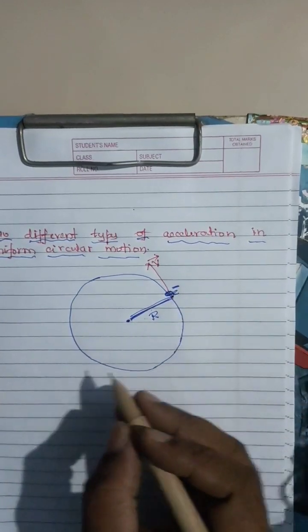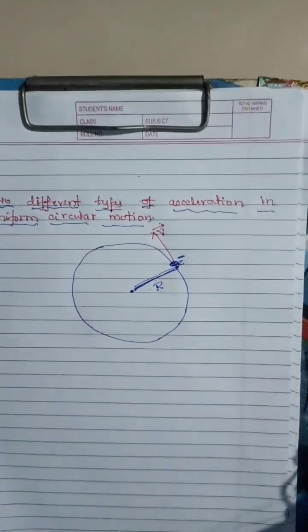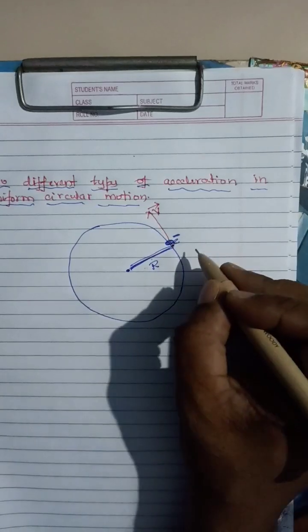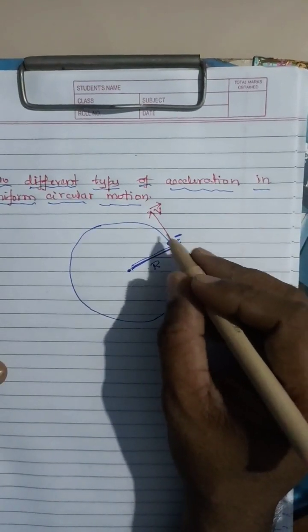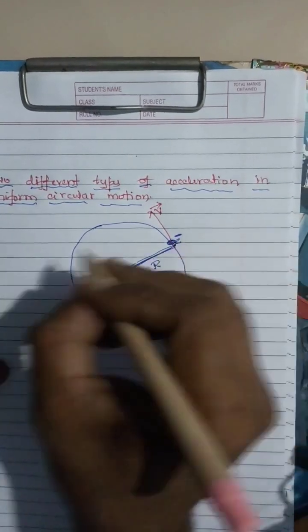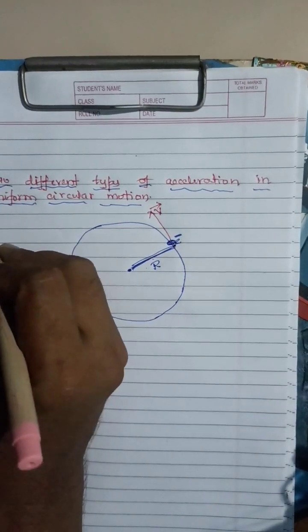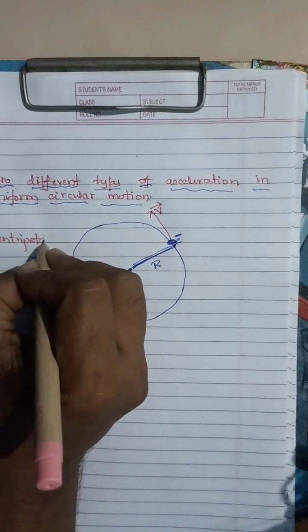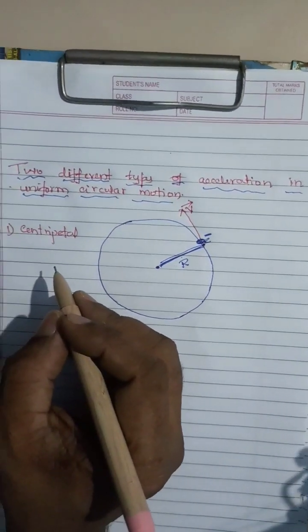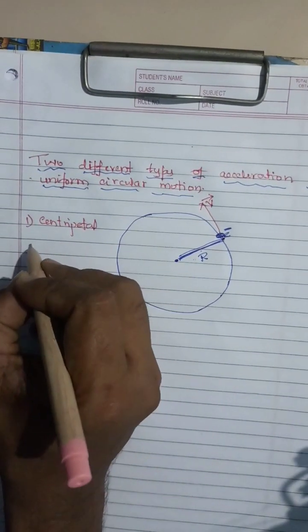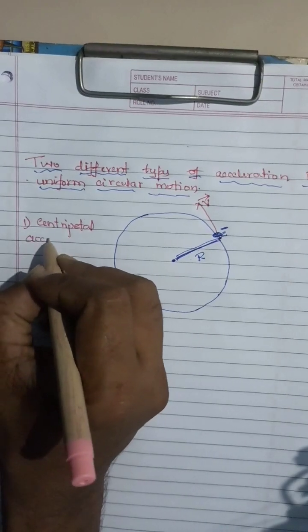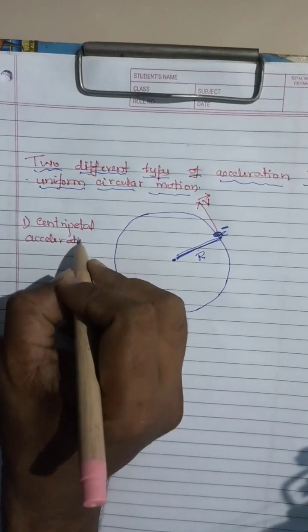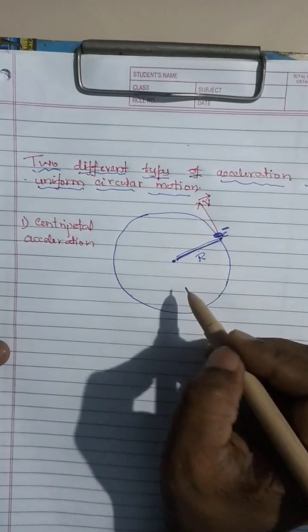Now there are two types of acceleration possessed by the particle when it is moving in a circular path. One is centripetal acceleration. What is centripetal acceleration?